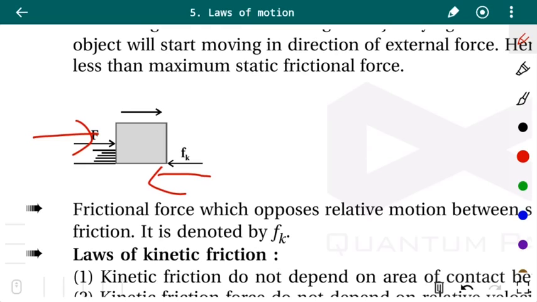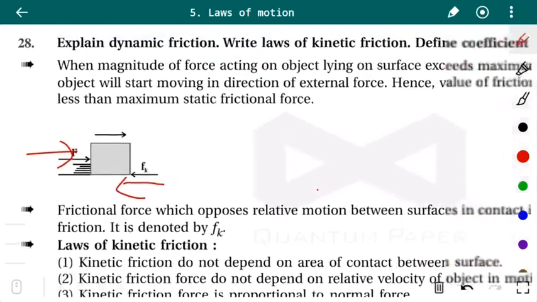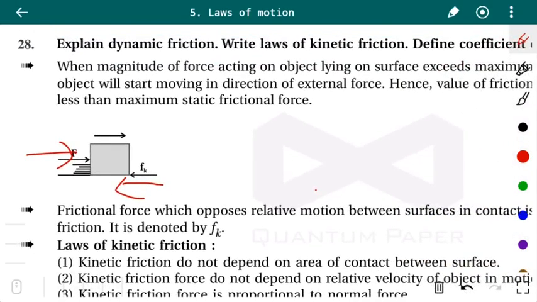But if the static frictional force is less compared to the external force, then the object tends to move. That means this type of frictional force, which is applied by the surface to oppose the external force even though the object starts moving, is called the dynamic frictional force.